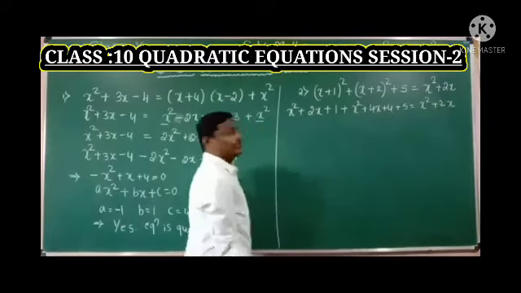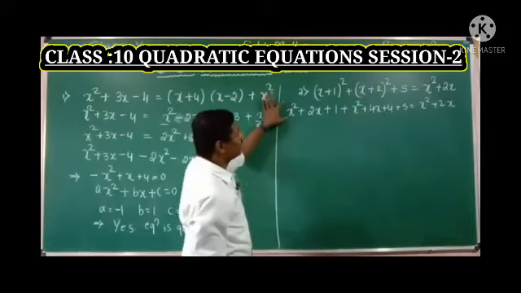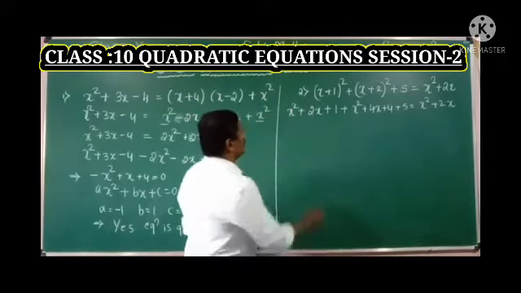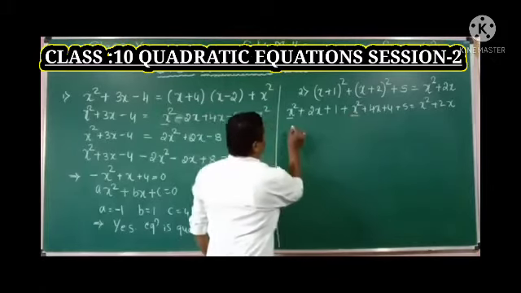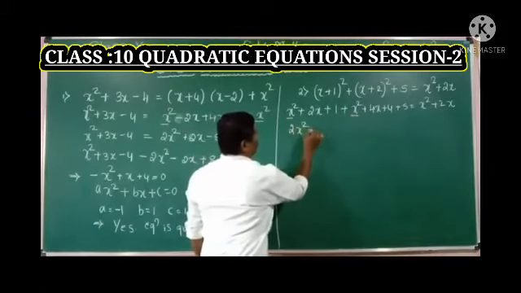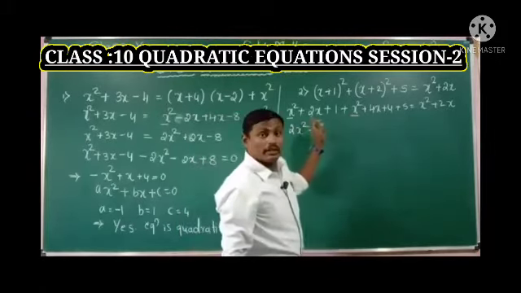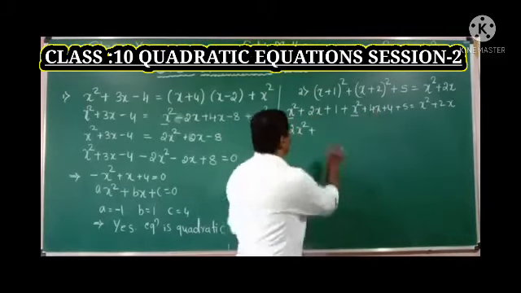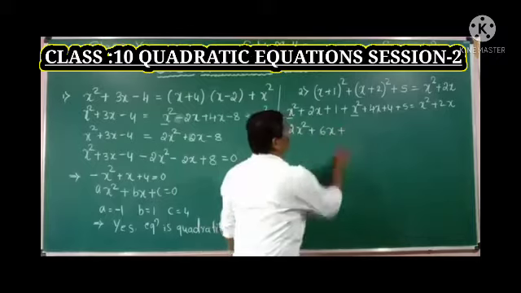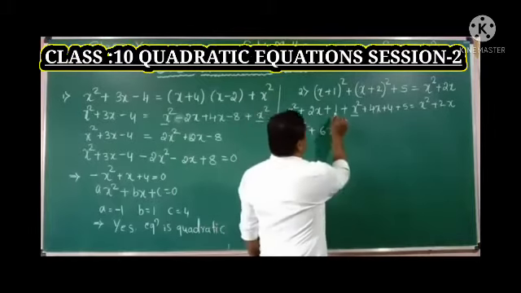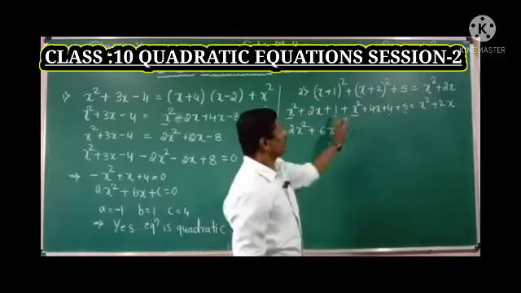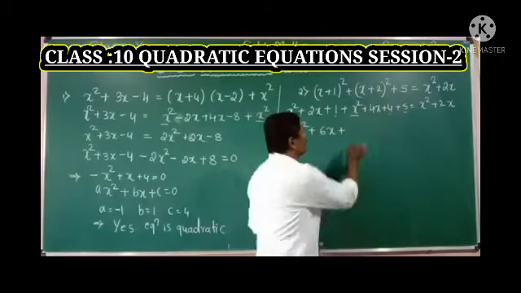First add the x square terms. x square plus x square, 2x square. Now compare the x terms. 2x plus 4x, yes, 6x, plus the numerical values 1 plus 4 plus 5. 1 plus 4 is 5, 5 plus 5 is 10.